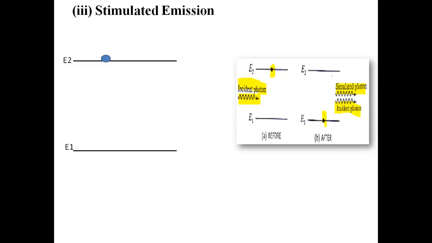Stimulated emission means the emission of radiation by using an external photon. You can see this diagram. I have made this atom in the excited state come back to the ground state by incidenting a photon.